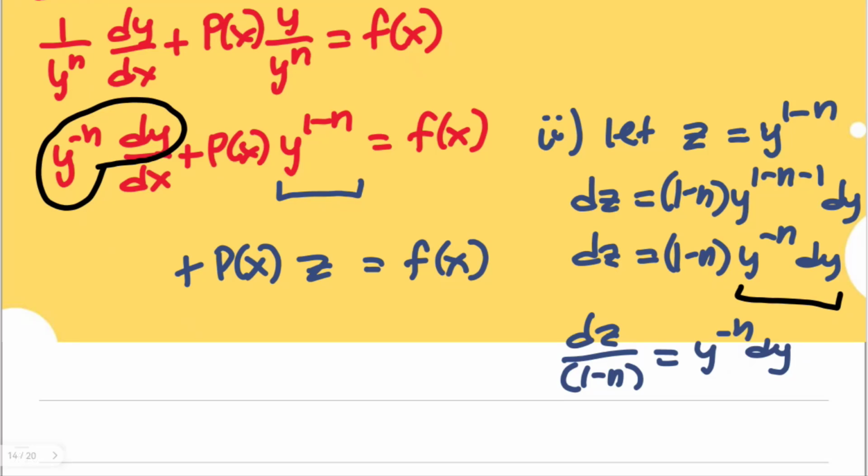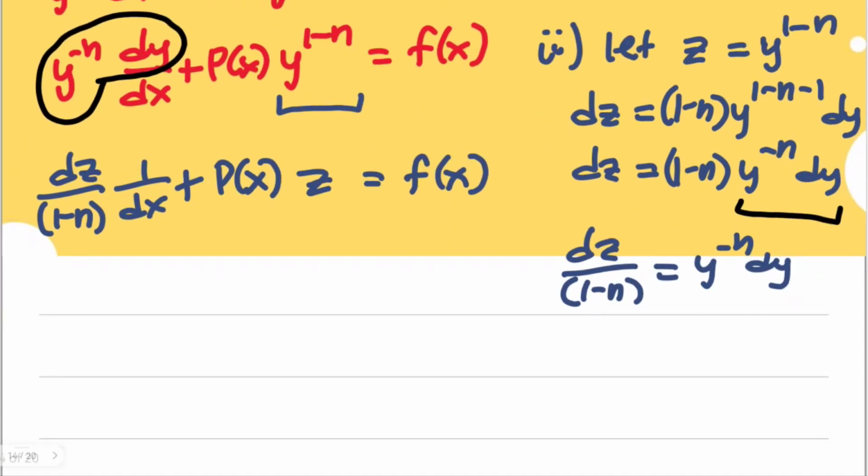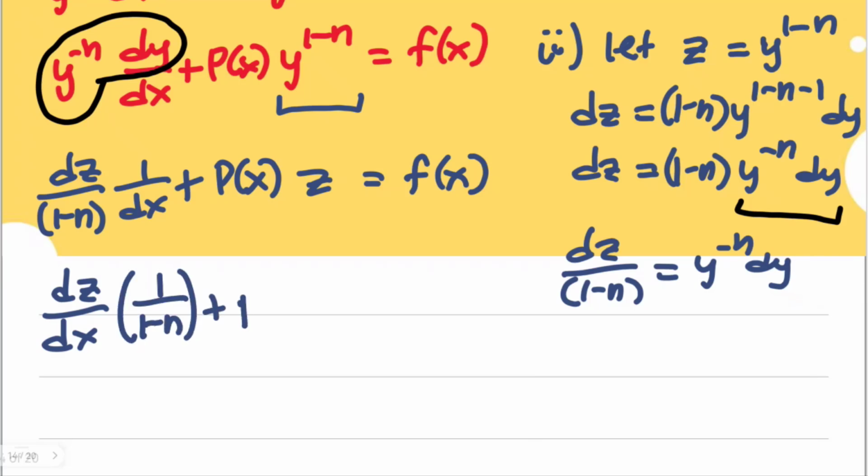In short, you will have d of z over 1 minus n, and you will have your 1 over d of x. In short, your final form now will become d of z over d of x times 1 over 1 minus n, plus p of x times z is equal to f of x.